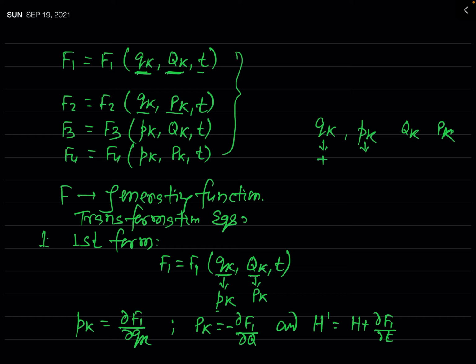When you differentiate with respect to small pk, then you have to take minus sign. This is just a technique. And when we differentiate with respect to capital Qk, then again we have to take minus sign. But when we differentiate with respect to capital Pk, we will take plus sign. Remembering this technique, you can write the sign of the derivative.